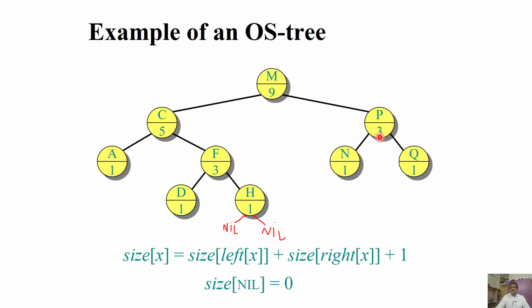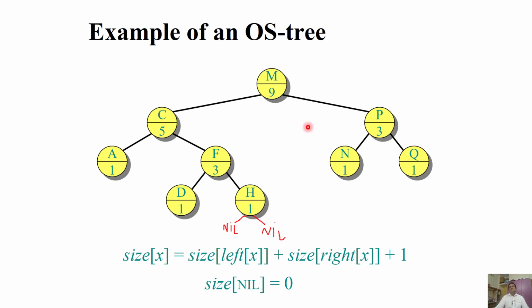When we consider the size of this node, it is the size of the left subtree, which is 5, plus the size of the right subtree, which is 3, plus 1. So 9, which means a total of 9 nodes hang in the subtree rooted at this node. That is the original tree. So this is the way we maintain the size of a node.